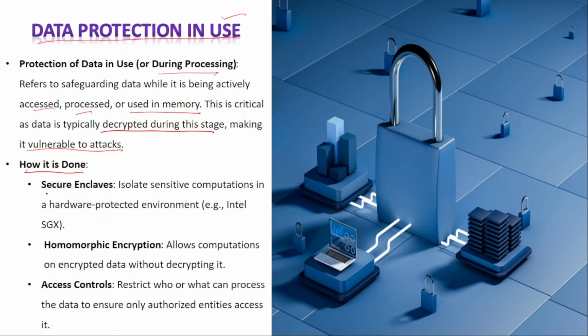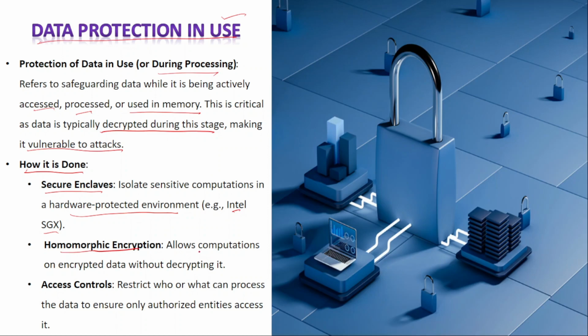So how is data protected in use? There are multiple ways. First one is secure enclaves. What does this mean? It isolates sensitive computations in a hardware-protected environment. For example, Intel SGX. So you can say that there are specific portions of a hardware-protected environment where sensitive data is isolated and secured during computation or usage. The other is homomorphic encryption.